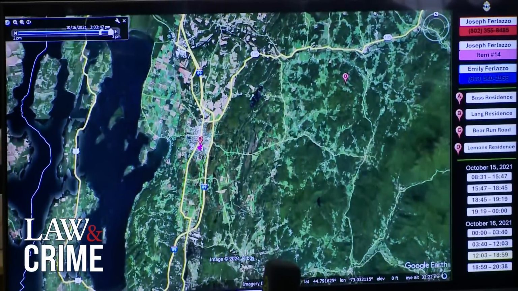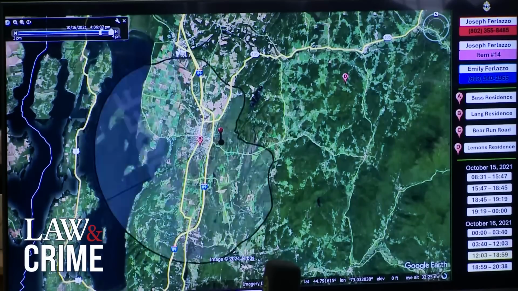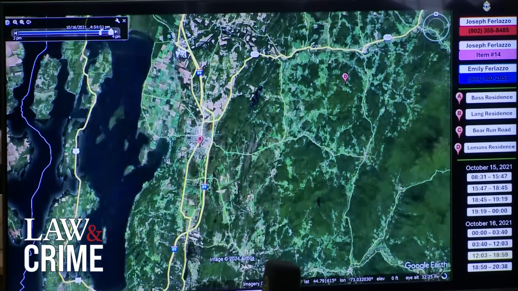So it's all consistent. This is that pattern that I'm looking for when I do my analysis, is everything's showing the same location. The timeline slider speeds up now because it's just the same pattern over and over again.